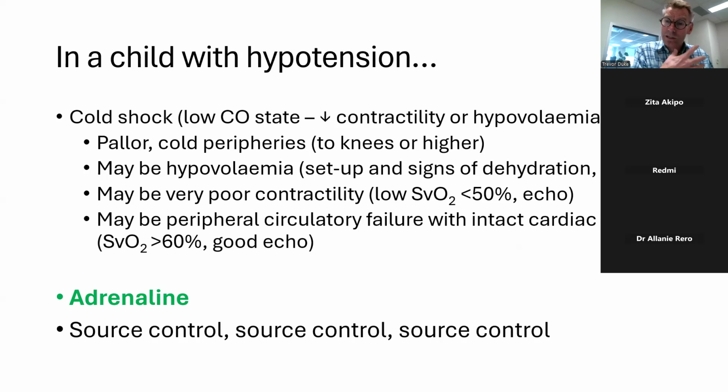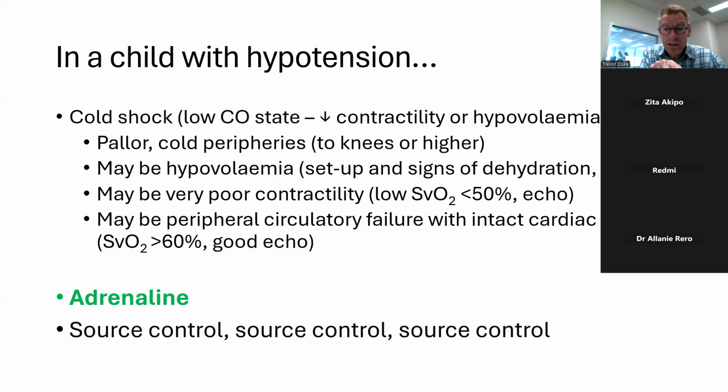So they're the children that instead of looking warm and febrile and flushed and often a bit more red than normal, will have pallor and very cold peripheries, even to their knees or higher. They may be hypovolemic if they've got a setup for dehydration or their albumin is low, and they may have very poor contractility.